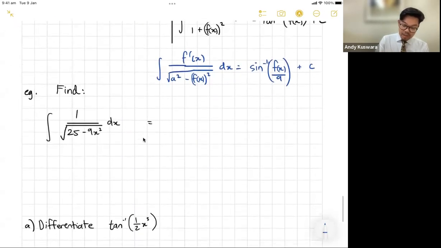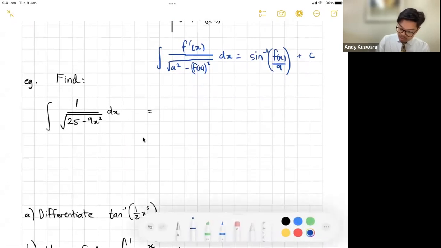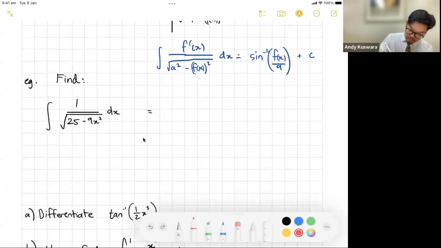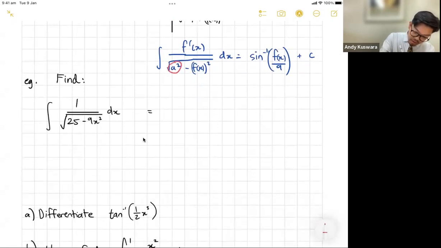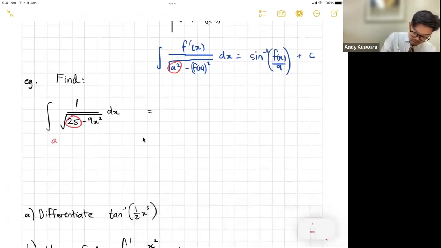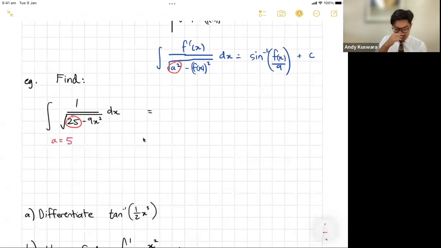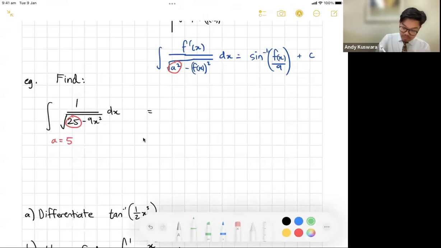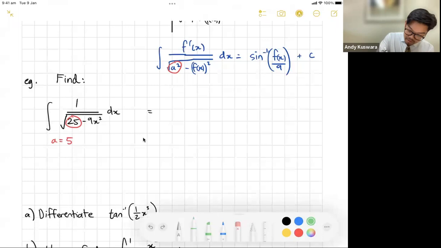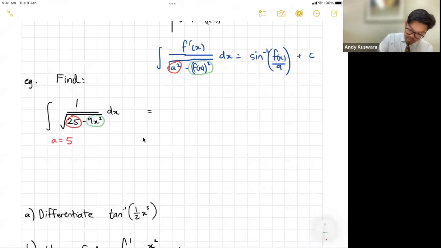Now, let's see how we use that here. The first couple of things we need to look out for is that's an a squared. I'm going to try to use different colors here. So I know that a squared and 25 must be the same. So from there, I can see that a should equal 5. And I can see that my f x squared should equal 9x squared.